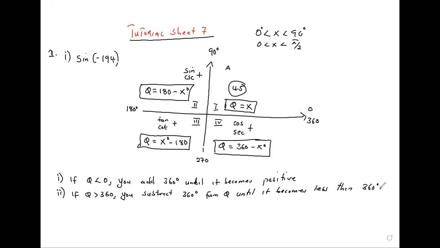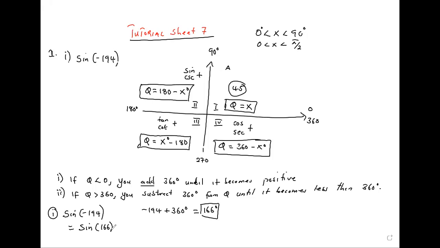So what we have in one is negative 194. 194 is less than 0. So we'll say negative 194 plus 360. Now when we add, we'll get 166. So now we are saying this is exactly the same as sine 166.